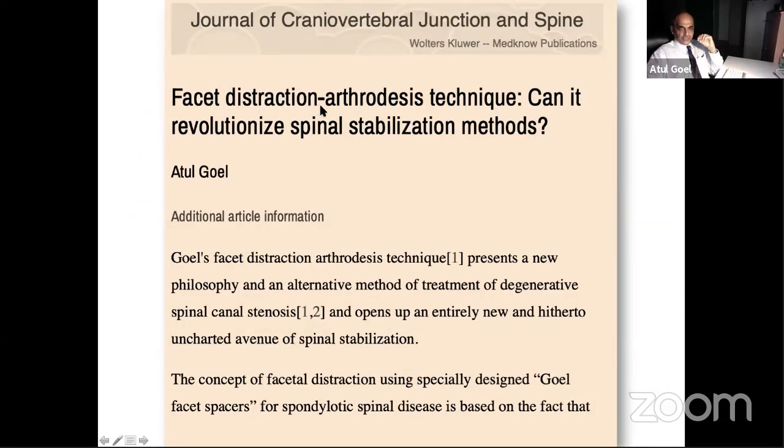Facetal distraction arthrodesis technique, can it revolutionize spinal stabilization methods? I am saying yes, it can revolutionize spinal stabilization methods, and this technique we have labeled as Goel facetal distraction arthrodesis technique.